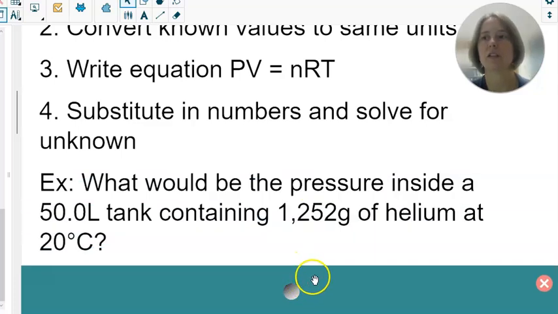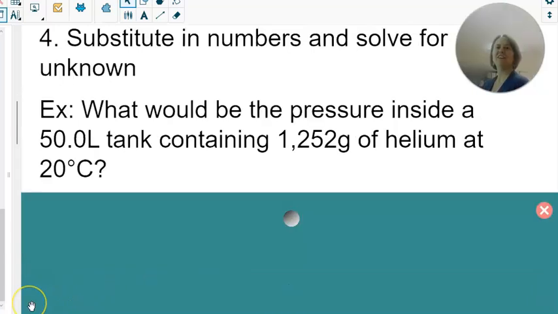Okay, so please write down this question. What would be the pressure inside a 50-liter tank containing 1,252 grams of helium at 20 degrees Celsius? All right, so let's look at our problem.